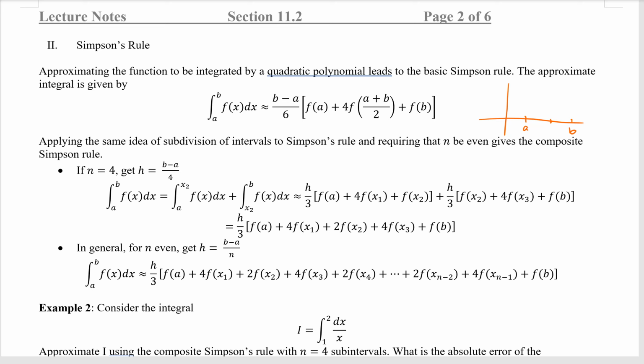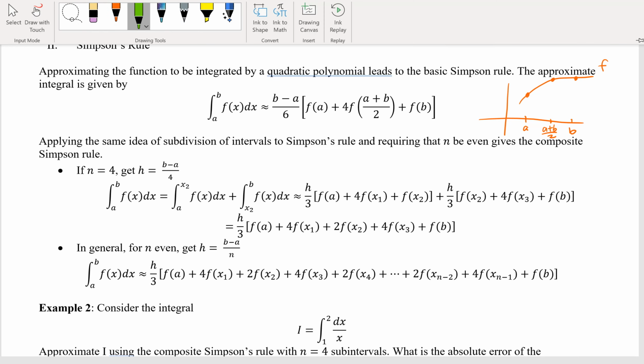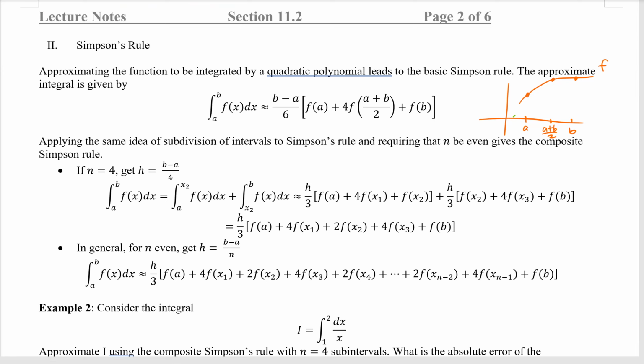So we consider the midpoint, A plus B over 2. Okay, so if this is the function f, we're gonna use a quadratic function that passes through those 3 points to approximate it, and we compute the area here.